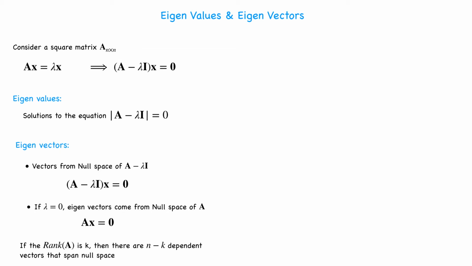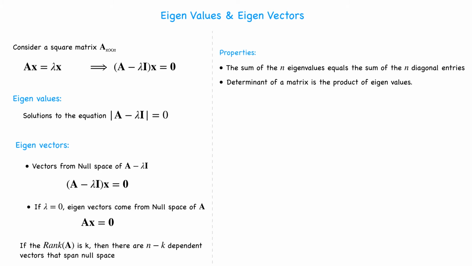In all other cases, we are interested in obtaining solutions for (A − λI)x = 0. There are some useful properties of eigenvalues and eigenvectors. The sum of the n eigenvalues is equal to the sum of the n diagonal entries of the matrix. So if you have a matrix A, the sum of the diagonal elements is equal to the sum of the eigenvalues.